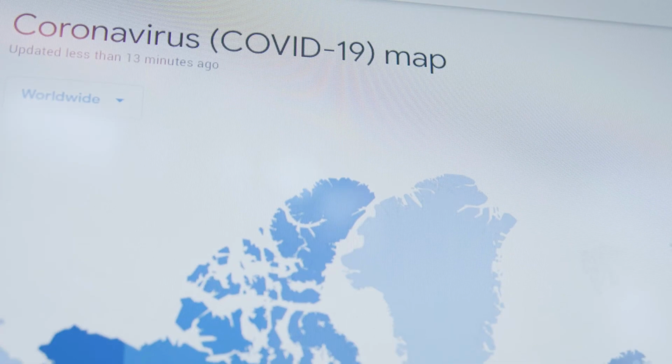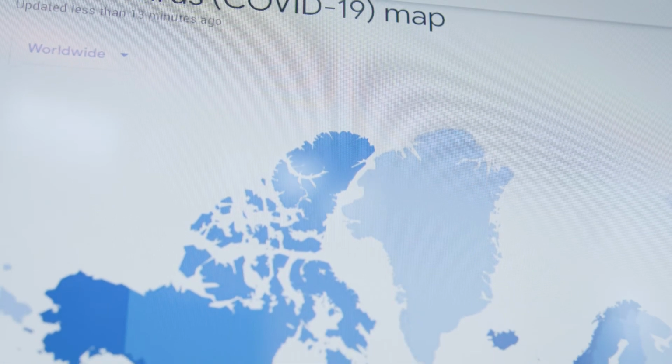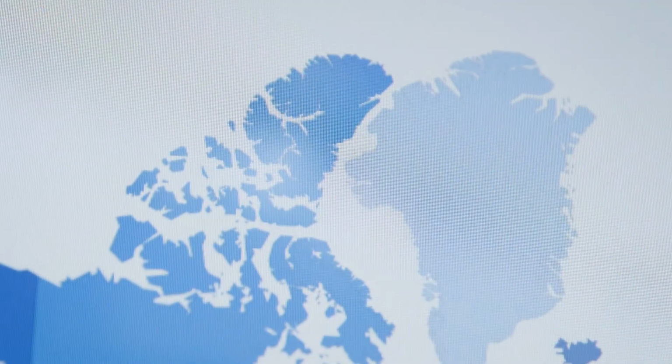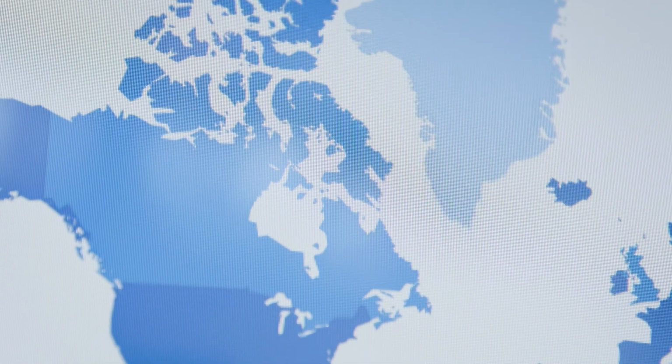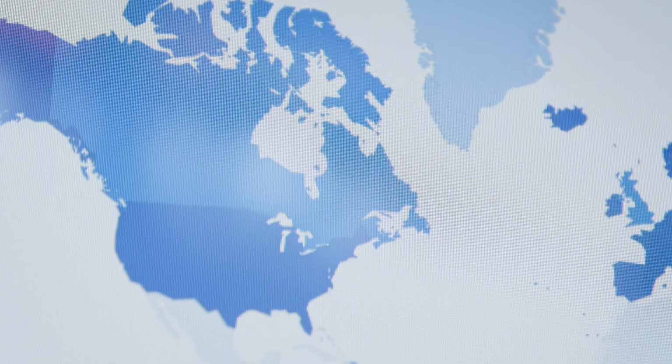A big challenge for the world is that the surveillance is not homogeneous. It is good in some places and very poor in others. And to understand a virus that's everywhere in the world, you want to get insights on it everywhere.